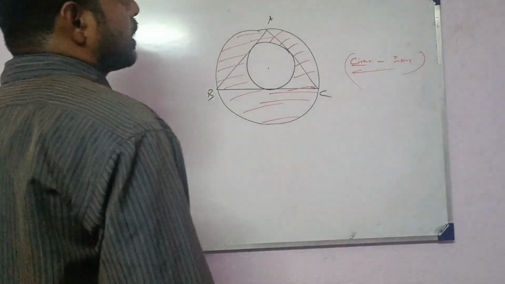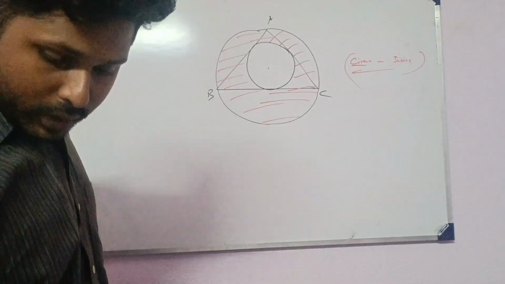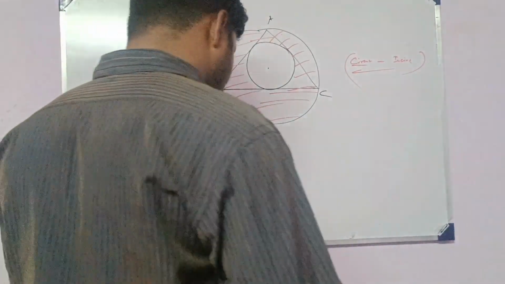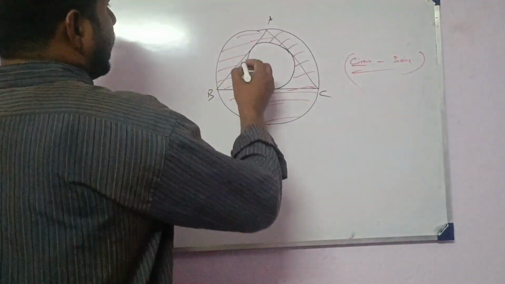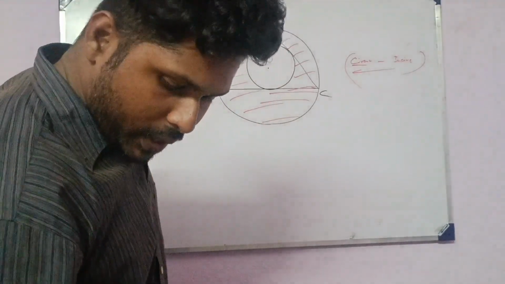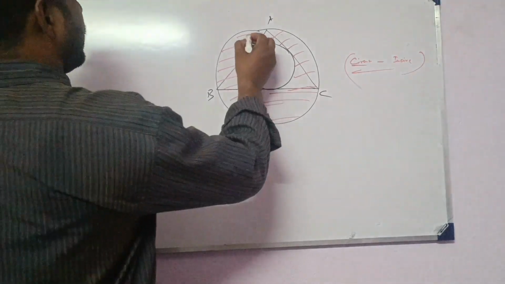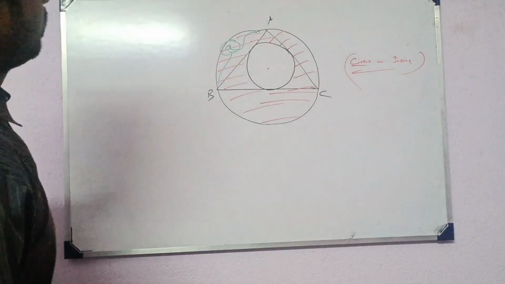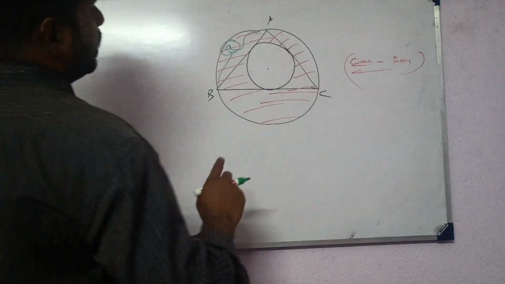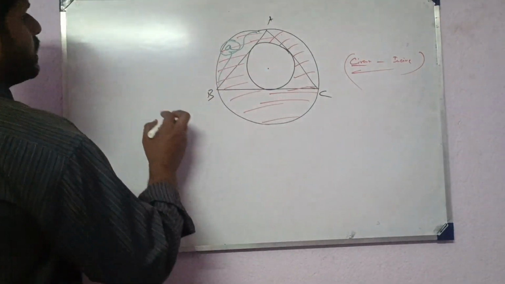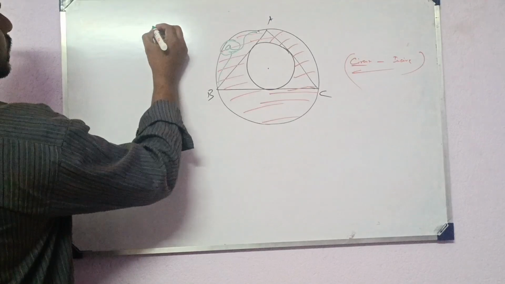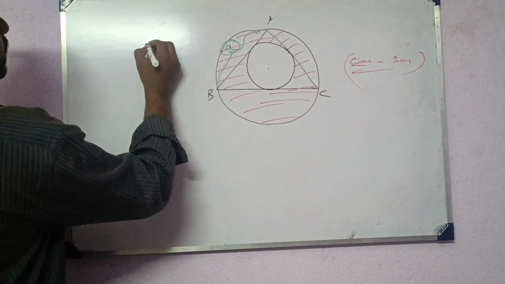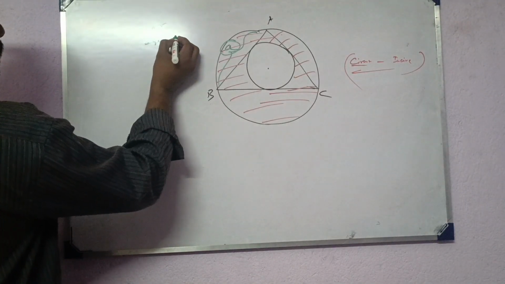So we also have to find the areas of the circumcircle and the incircle. Another piece of information is given: AB is a unit, that is, the length of a side of the triangle is a unit, and the triangle ABC is equilateral.